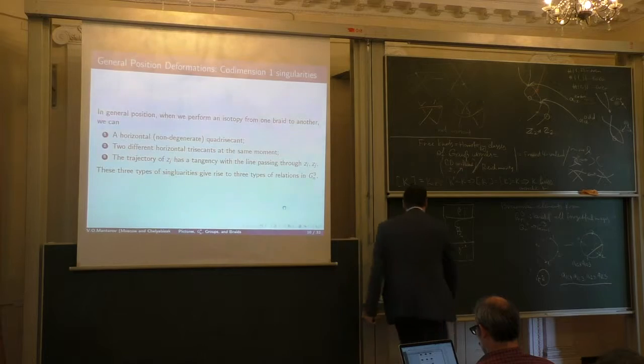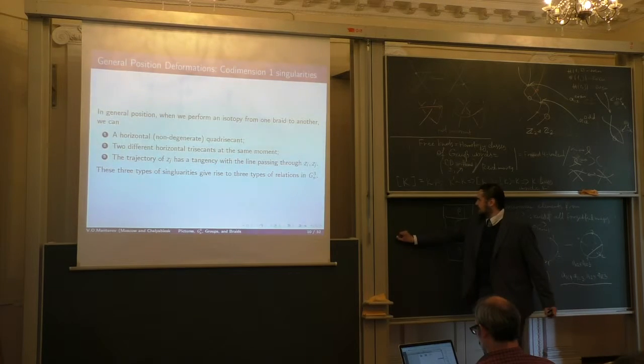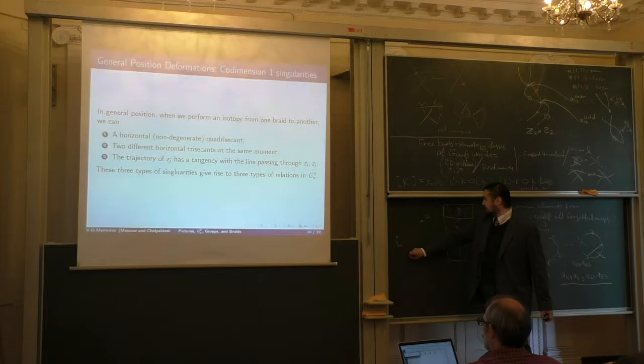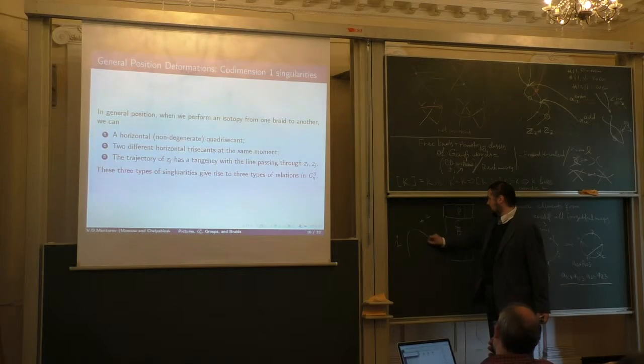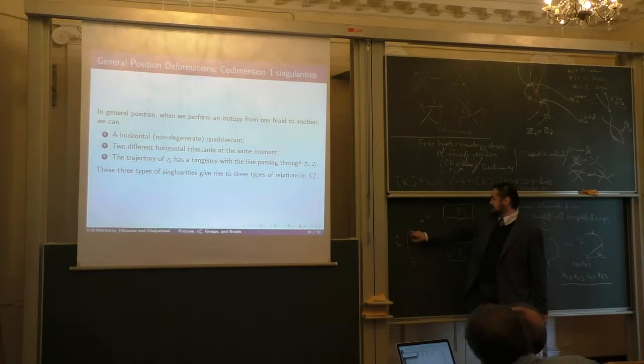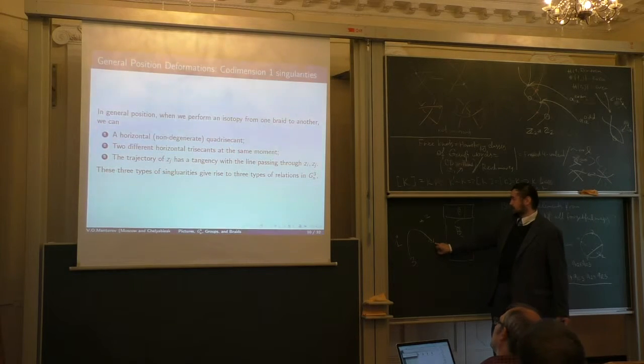Let me draw it on the blackboard. For example, if I have a point 1 and 2, and assume for simplicity that they remain untouched, and the point 3 goes like this. This is my third point, and here is the trace of this point.